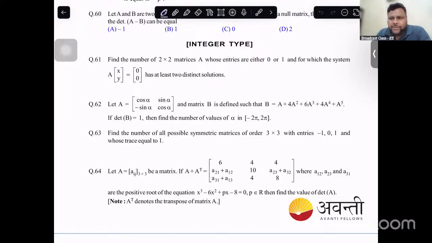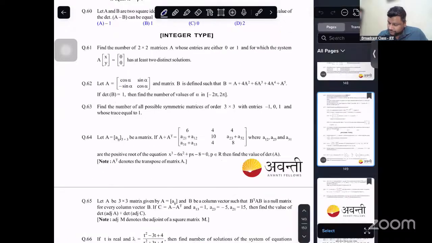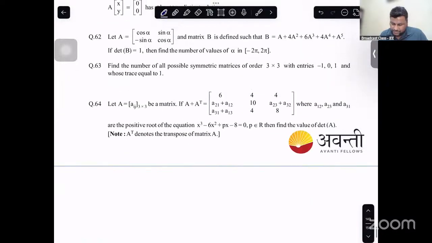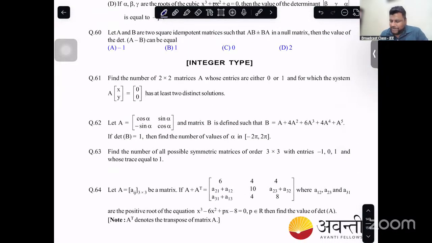Any idea anybody would like to suggest? Look, think of something. Think of what they are saying in the question. The number of 2 by 2 matrices A whose entries are 0 or 1, for which the system has at least two solutions.